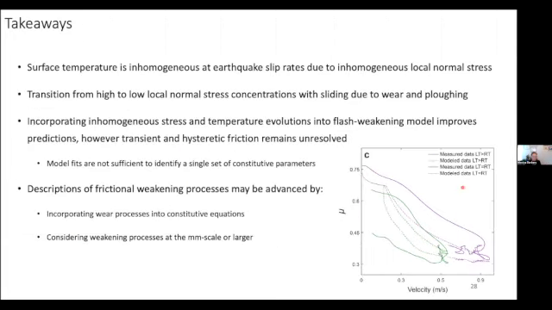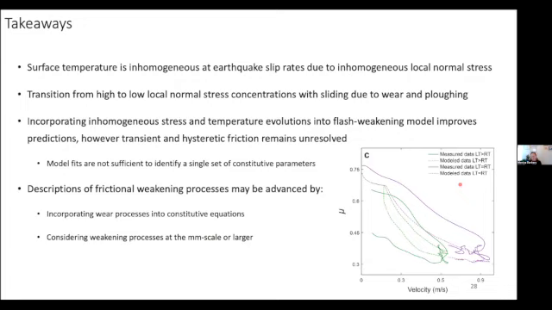So taking all this together, first, we saw that surface temperature is inhomogeneous at high sliding rates, and this reflects inhomogeneous normal stresses. And there's this transition from high to low normal stress contacts. This reflects wear and plowing.